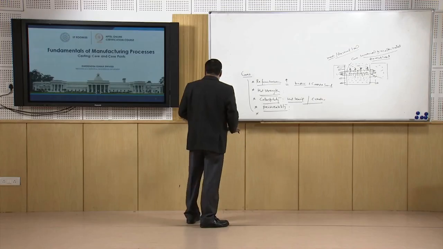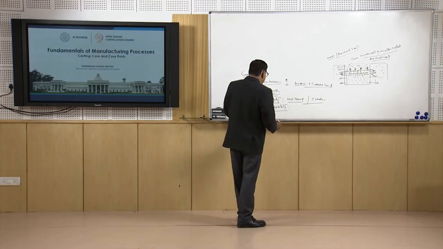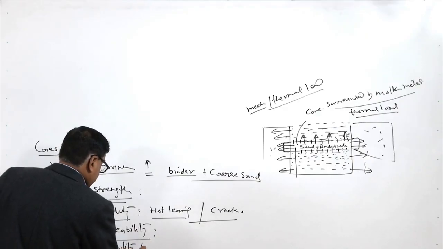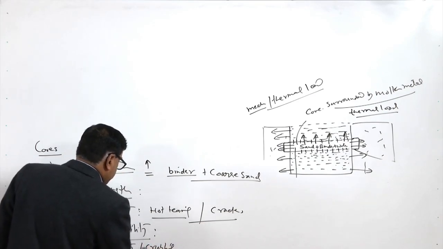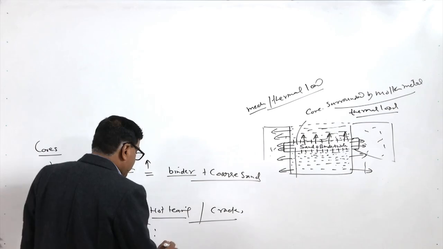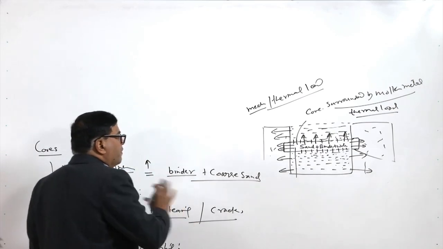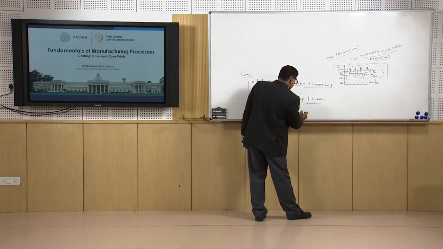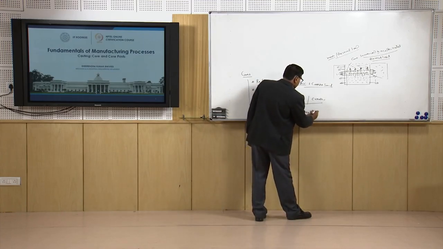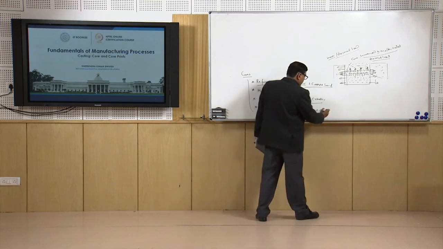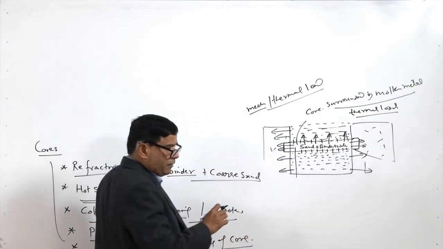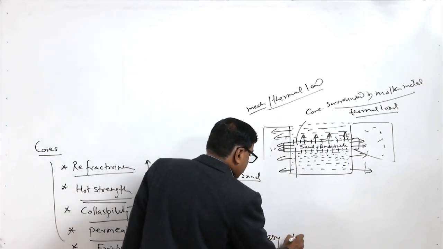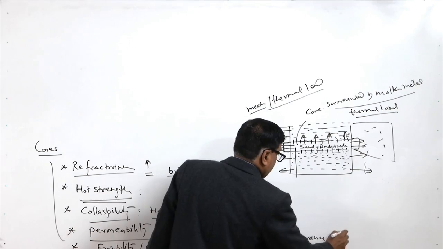Then another important property which is required is friability and crumbling. It should break and crumble whenever it is required to remove the core from the solidified casting. So, these two properties will help the breaking of cores, and if it is broken easily, then easy clearance of the core will be possible.